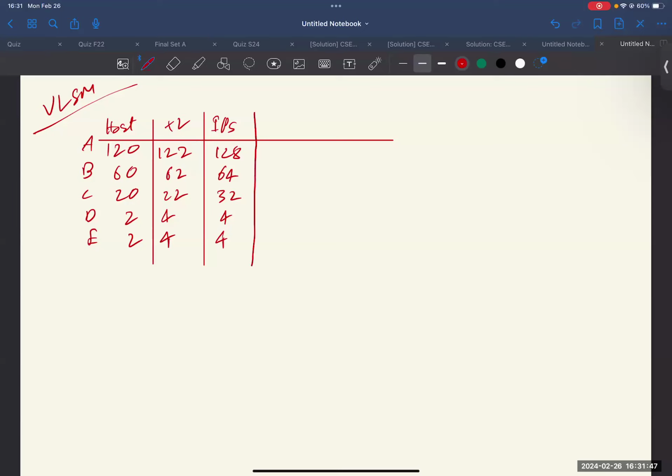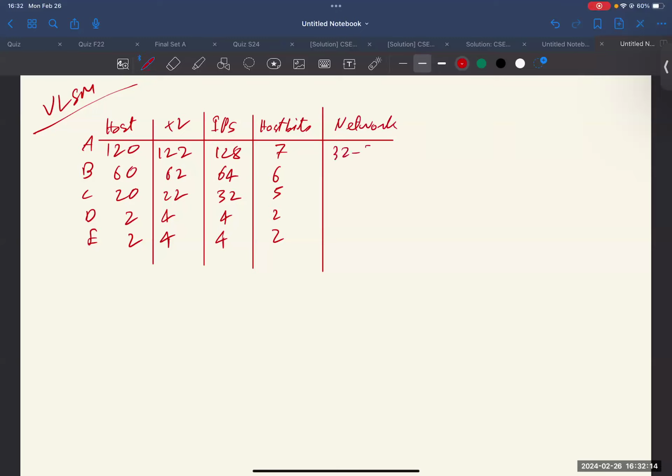So for 128, how many bits do I need? 7. So host bits. So to represent 128 IP addresses, I require 7 bits. This is 6, this is 5, this is 2, this is 2. So if these are host bits, how many bits do I have for the network portion?